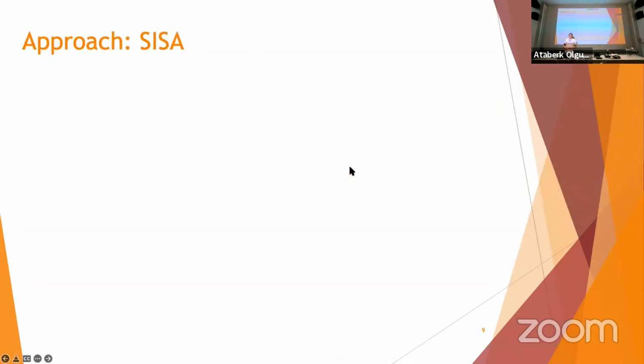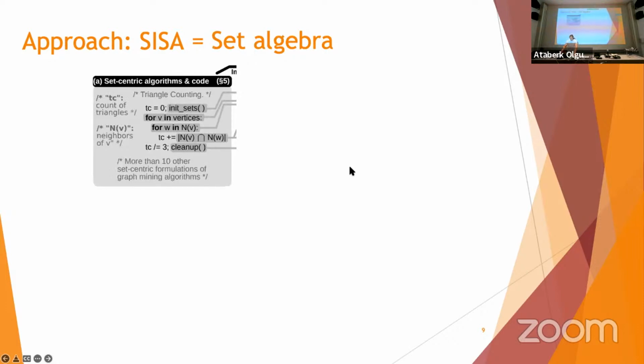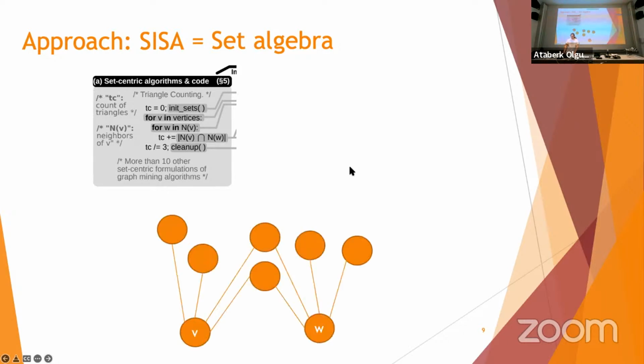The approach of the paper is SISA, which consists of two parts. Firstly, set algebra. What does this mean? We start with set-centric formulations of algorithms. Maybe a quick introduction to set algebra. I've provided those two vertices, and the neighborhood of each vertex is the set of vertices that are connected to the vertex.